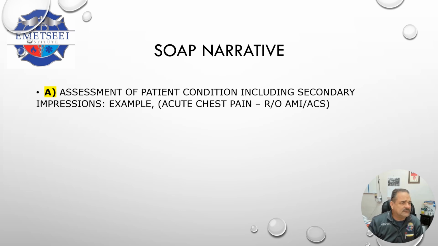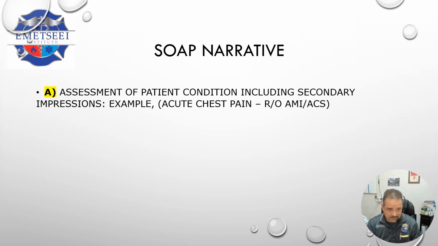All right, so A, this is the assessment of the patient's condition. Very short and sweet, to include the secondary impression. So for instance, remember, your primary impression is your number one: chest pain, okay? So chest pain, rule out AMI, ACS. Your secondary impression, if you have one, is usually chest pain with shortness of breath.